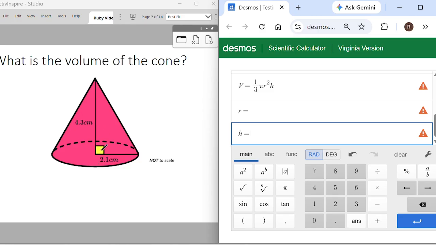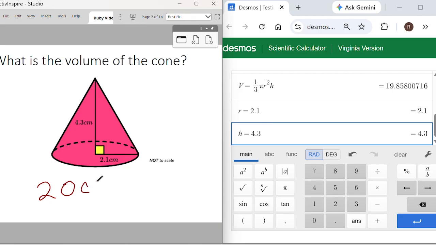So let's come right here. If I start in the middle and go out to the edge, that is a radius. So all I have to do is type 2.1. Then my height always drops to the center with a right angle. So that means my height is 4.3. So total volume of this cone, let's round to the nearest whole number, is 20 centimeters, and since it is volume, it is cubed.